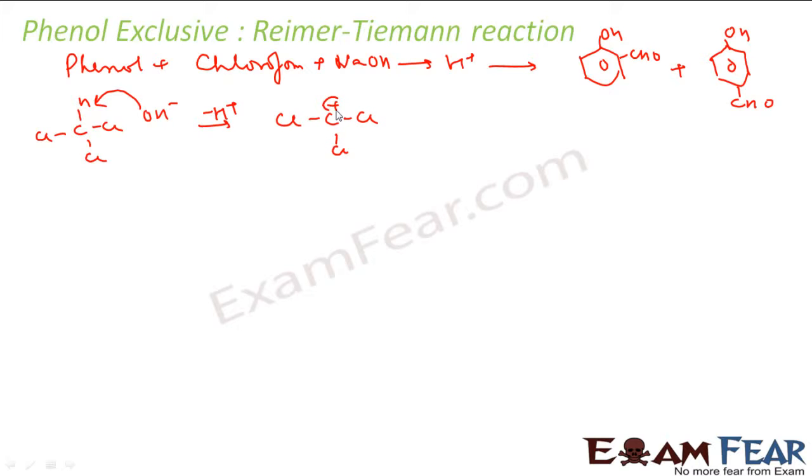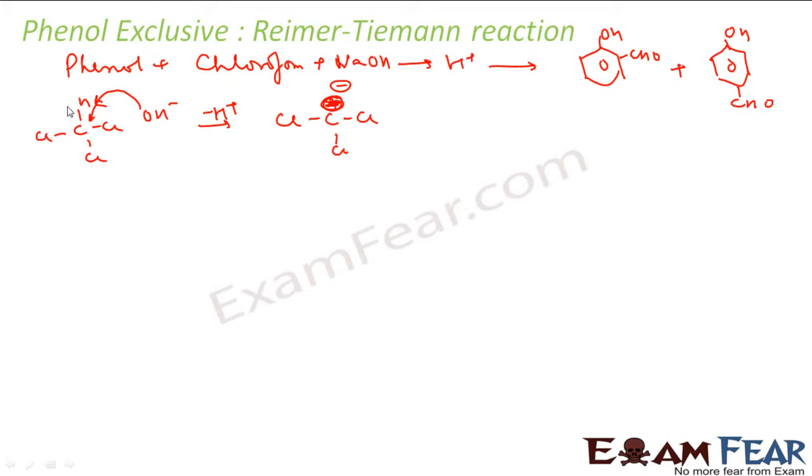Since there is a plus charge here, I want to get rid of it. The way it works is this OH minus will attack this hydrogen and pull it. So overall, a negative charge is induced in the system, and this carbon will get a negative charge.